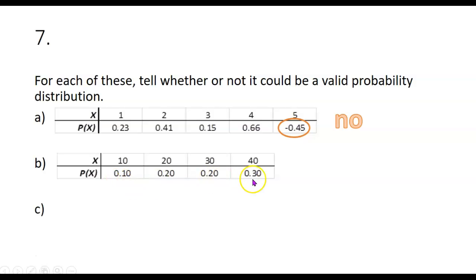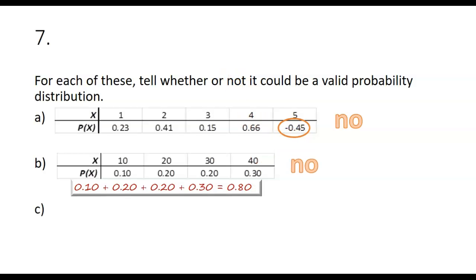So 100% of the probability has to be distributed to all the possible values of the random variable. So here, if we add up these probabilities, 0.10 plus 0.20 plus 0.20 plus 0.30, that adds up to 0.80. So because they don't add up to 1, that's a no. That could not be a probability distribution.